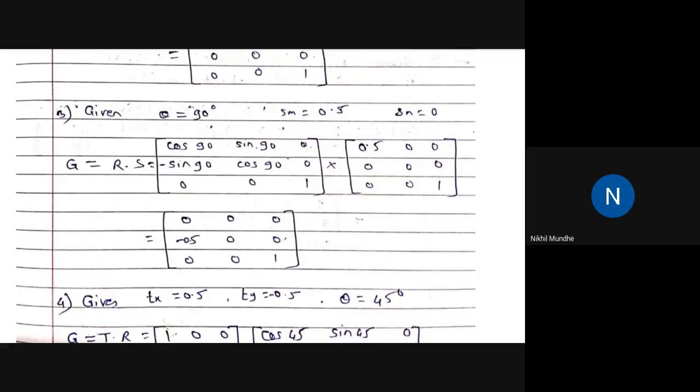And the last is translate down. Translation command is there. Translate down 0.5 unit, right side 0.5 unit, and then rotate anti-clockwise by 45 degrees.